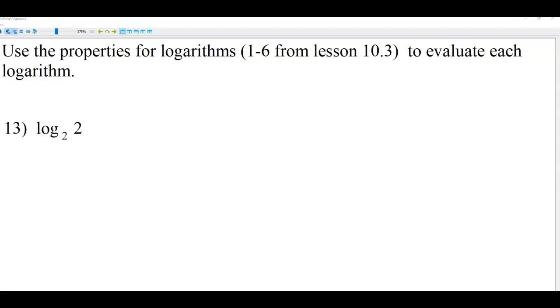So whenever the base number here matches this number, the answer is 1. And that is property 1. Now you don't have to be able to tell me what properties you use, but I'm just telling you in case you want to look at your notes and see why. Anytime there's a 1 here, the answer is 0. That's property 2.